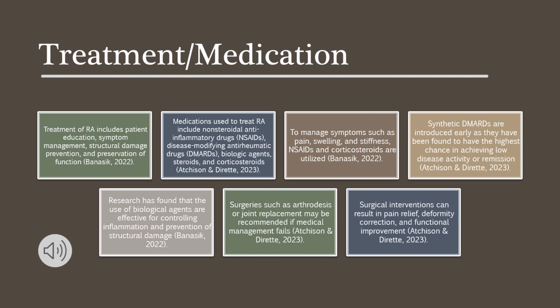And biological agents are effective for controlling inflammation and preventing structural damage. And if there is disease progression, surgeries can be used to provide joint replacements, resulting in pain relief and deformity correction and functional improvement.